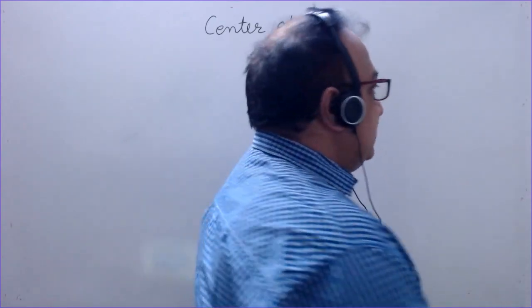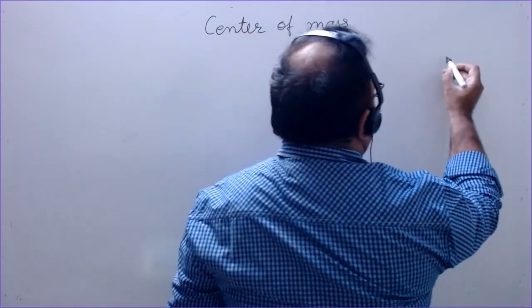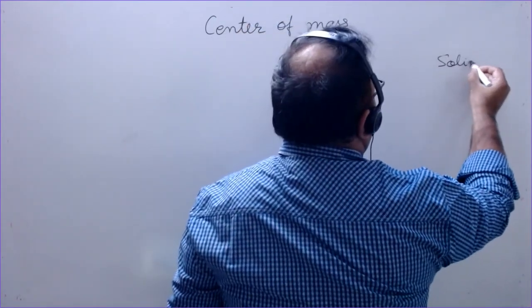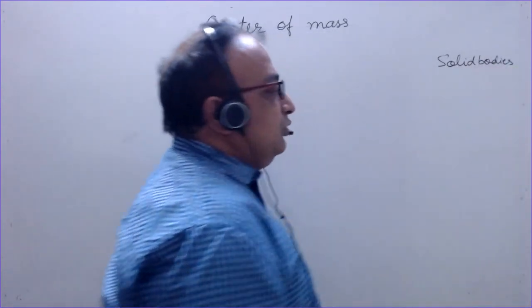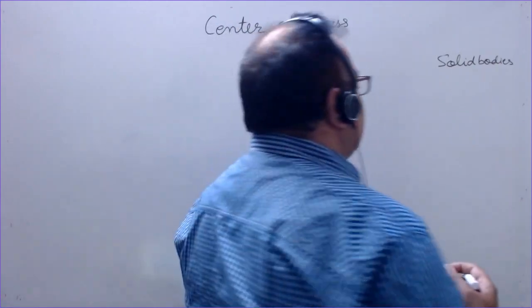Then we will find the center of mass of different bodies, and these different bodies include the individual solid bodies. So we will define the center of mass of these bodies. We will find where the mass is actually concentrated for these bodies.